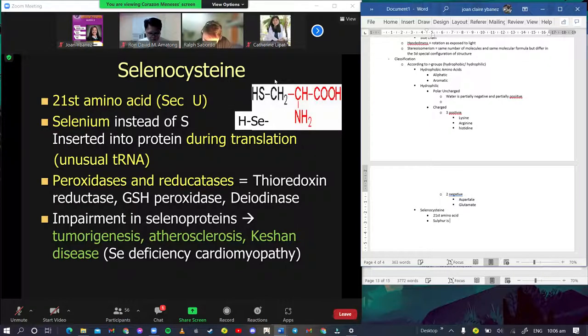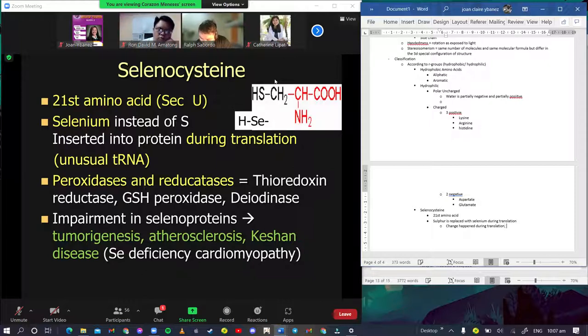Because if you read through the PowerPoint, it says here that this is not a post-translational modification process, but the change happens during translation. You get it? We will have more of this when we go to translation of protein, okay?